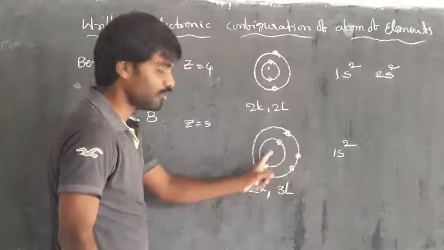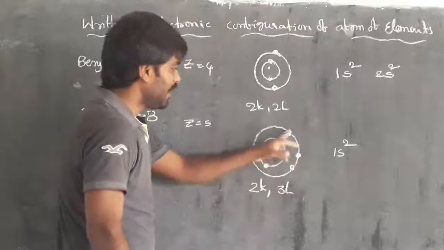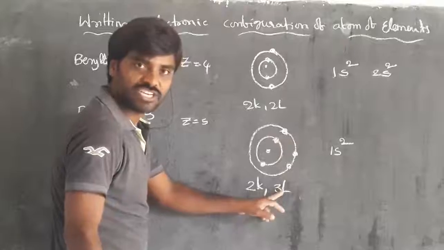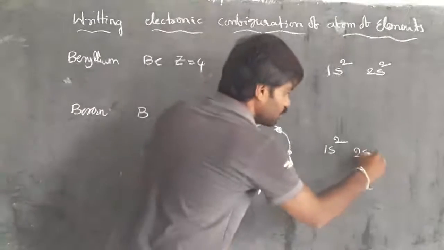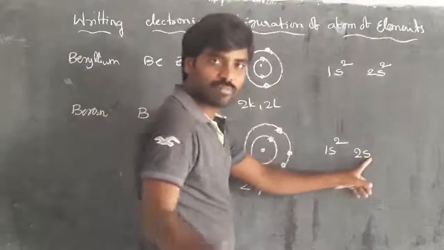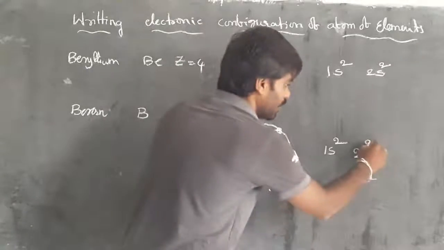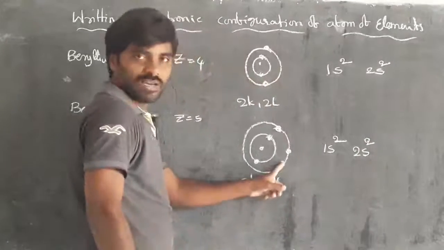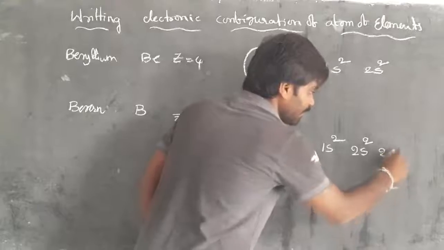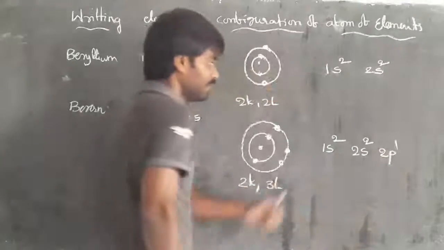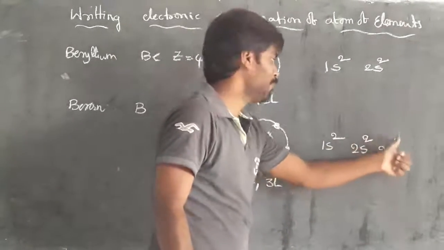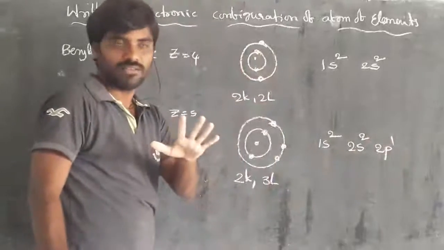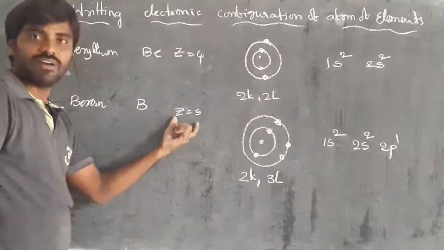The remaining 3 electrons are in the second shell, so we write 2s. The capacity of the s orbital is only 2, so we write 2. Still one is left, which fills 2p with 1. 2 plus 2 plus 1 is 5, the atomic number.